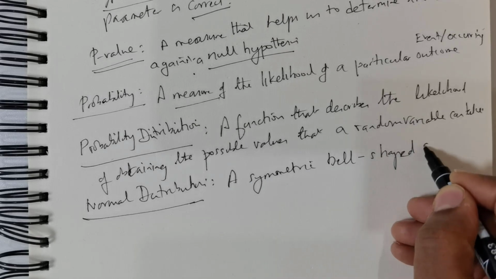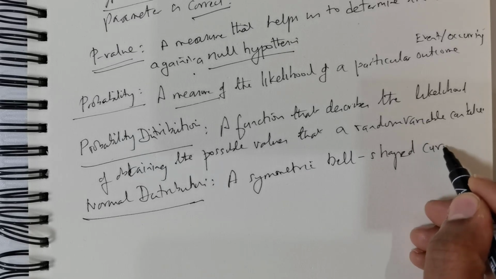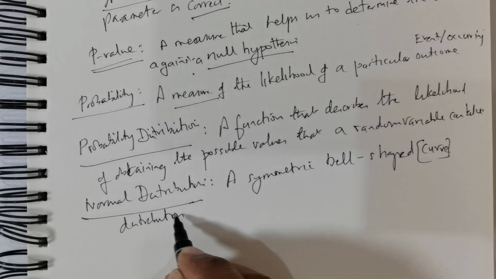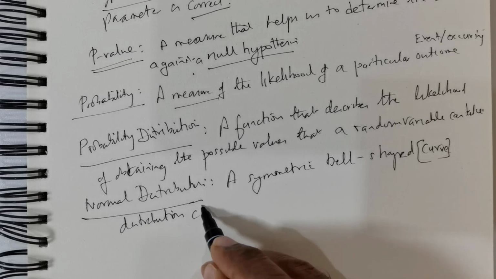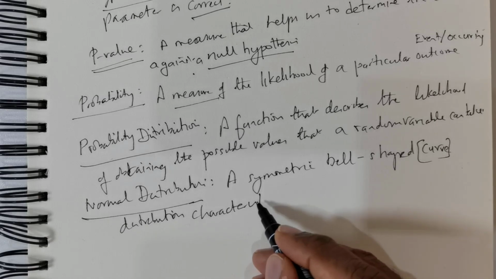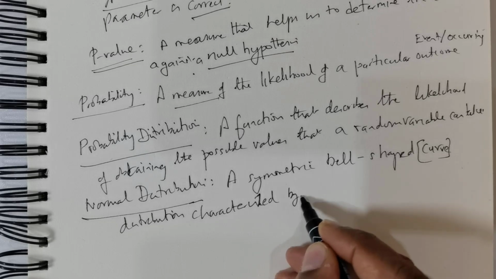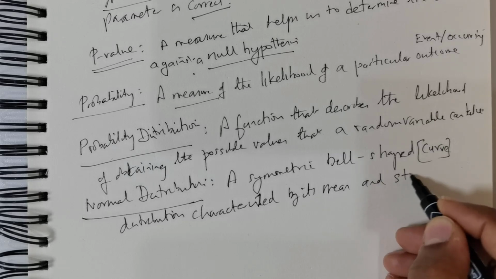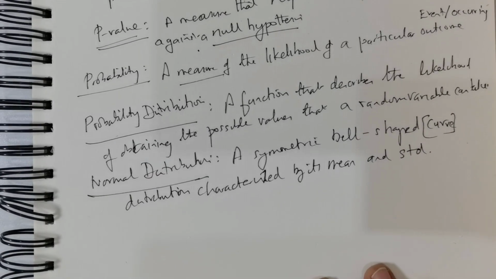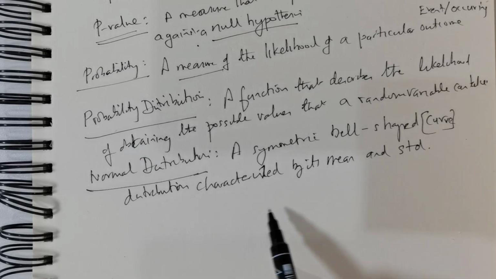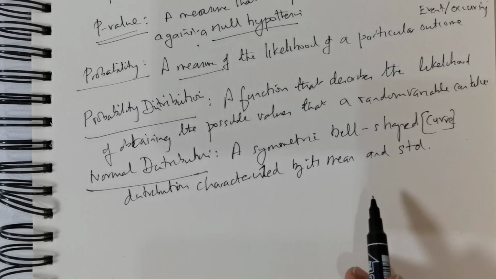That's an all-important curve. Bell-shaped distribution, characterized by its mean and standard deviation. STD stands for standard deviation. So what is normal distribution? A symmetric bell-shaped distribution characterized by its mean and standard deviation.